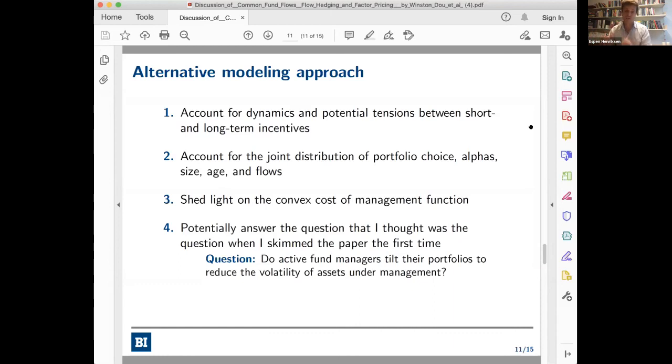So then you get the tension between short and long-term incentives. Then we may want to try to account for the joint distribution of portfolio choice, alphas, and then size, age, and flows. Maybe shed light on the convex cost of the management function. And also, instead of just hedging for the sake of the fund managers, should we or could we think that this could also hedge on behalf of the clients?